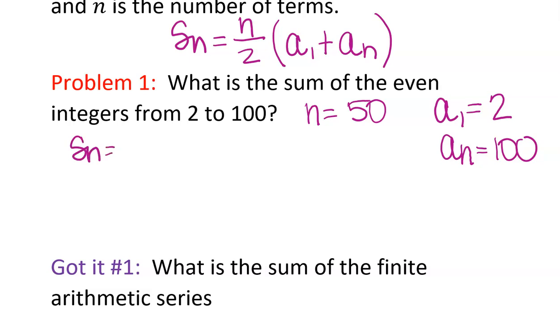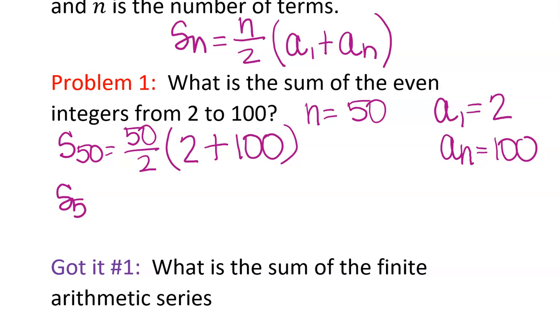So following the formula, we have 50 terms. And so 50 goes in for n. My first term is 2, and my last term is 100.